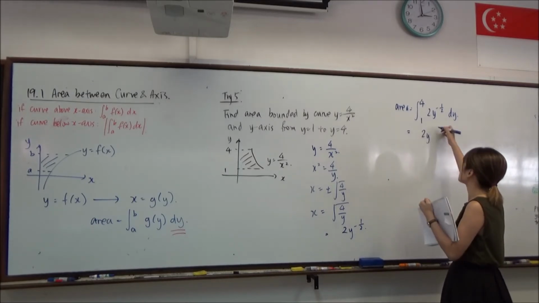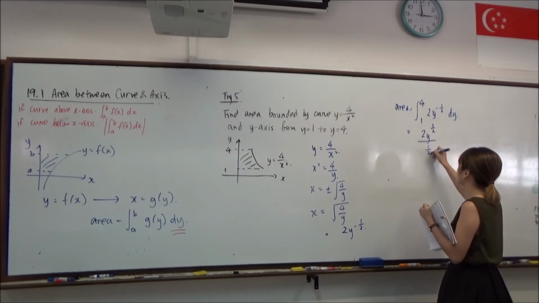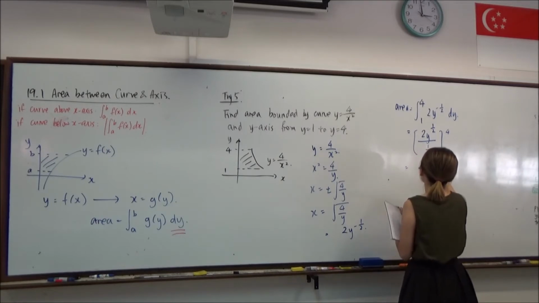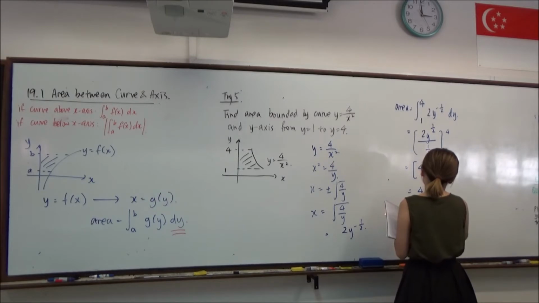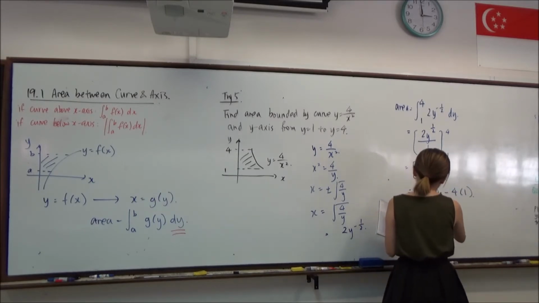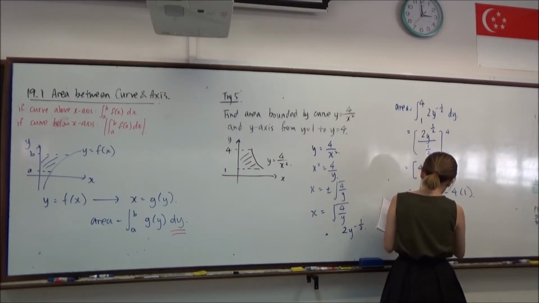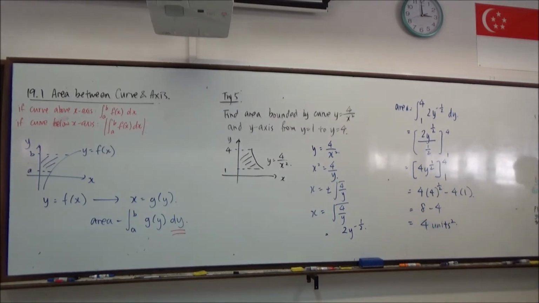So in this case, plus 1, and so on. So we get the area to be 4 units squared.